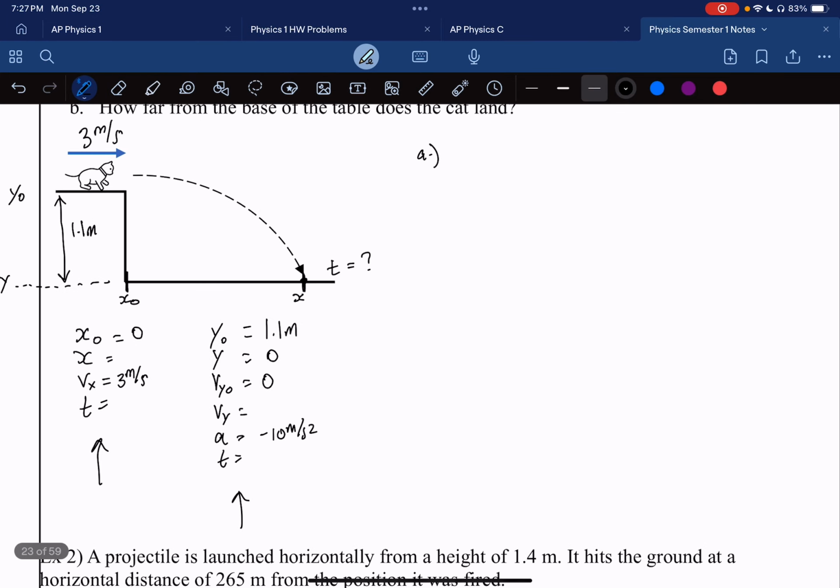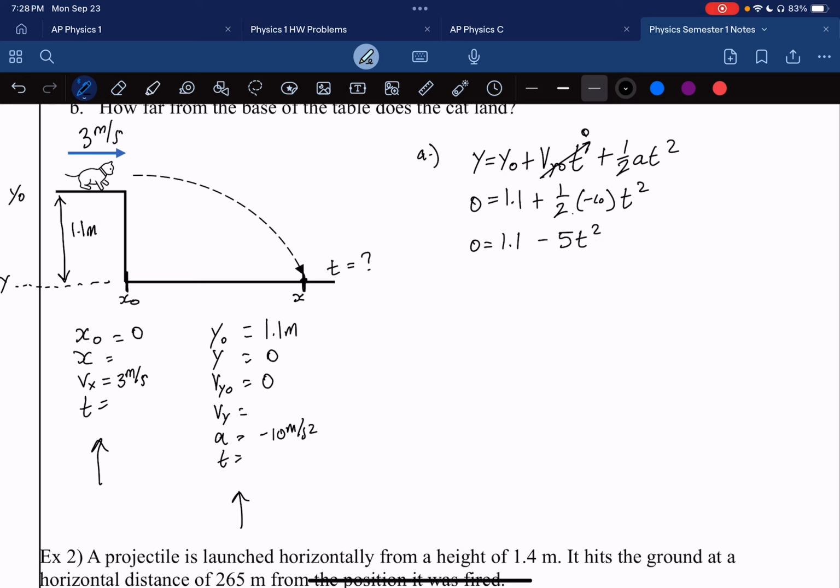So I'm going to start it here. y equals y naught plus, be very careful here, it's not v naught anymore, it's vy naught t plus 1/2 at squared. y is 0. y naught is 1.1 plus, this is a 0 value, 1/2. The negative 10 goes here, and t squared. Half times negative 10 is minus 5 times t squared.